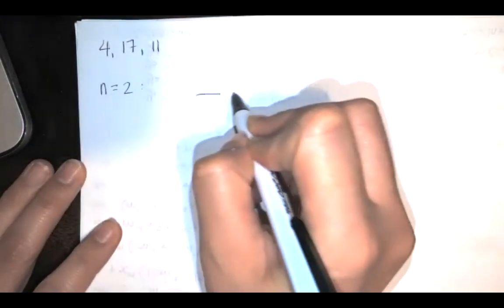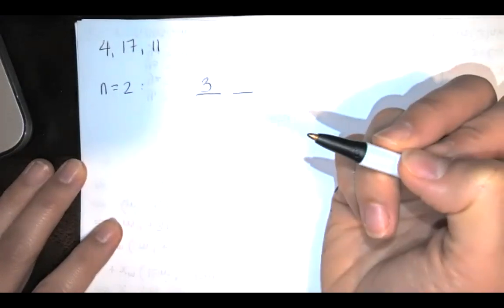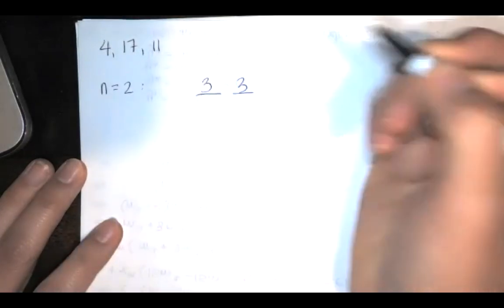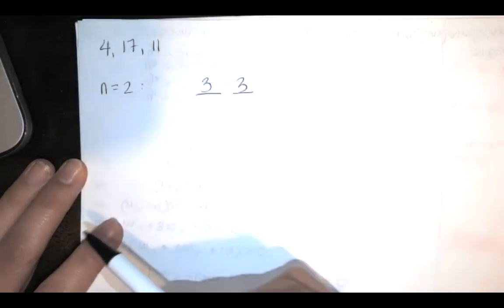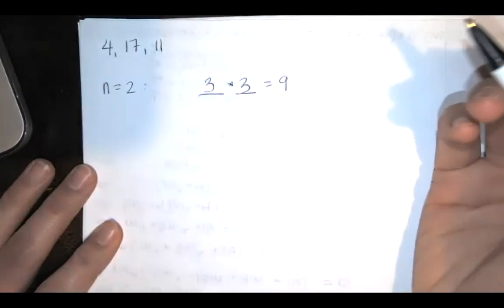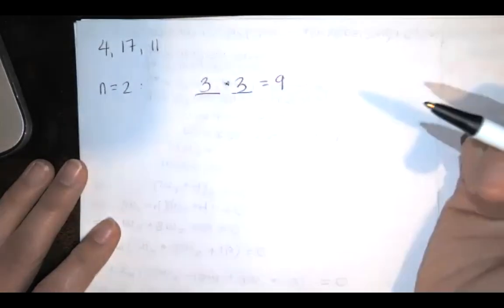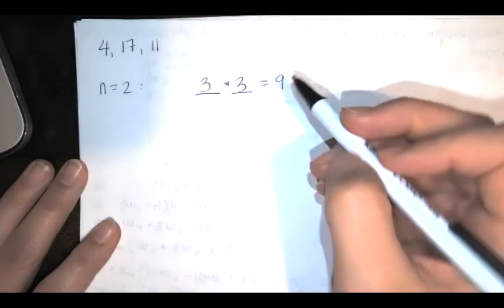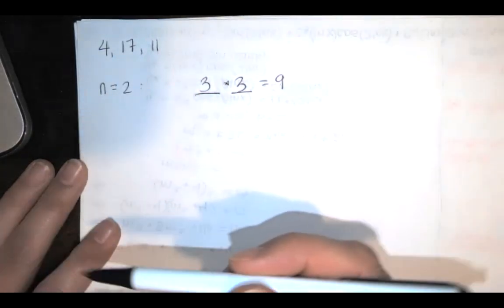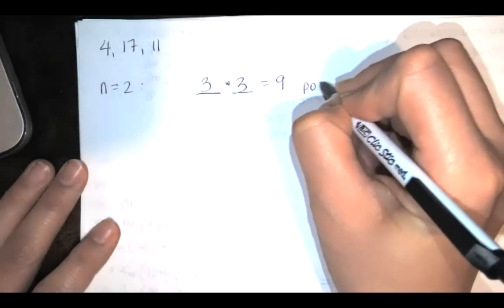I've got 3 choices for my first number, and then I put that number back in after I've chosen it. Then I've got 3 choices for my second number, and then I put that number back in. I have a total of 9 possible samples of this size, because I'm selecting 2 of these with replacement. So there are 9 possible samples.